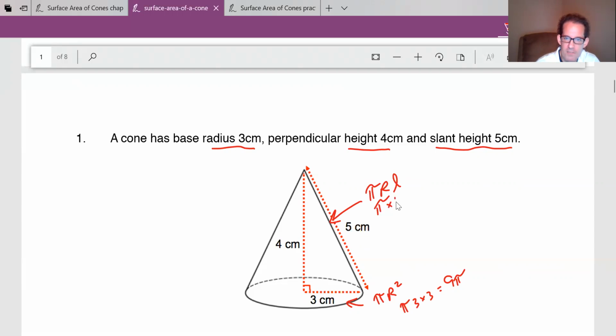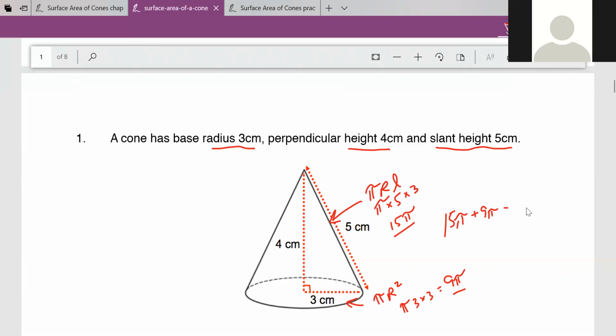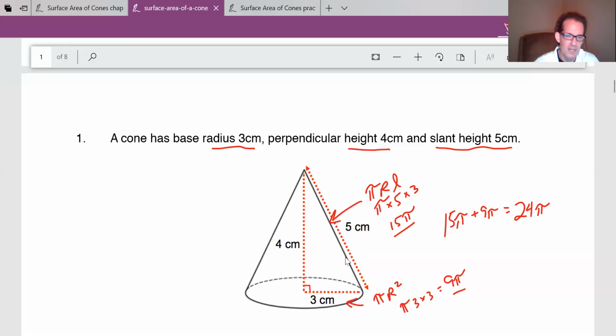Pi times 5 times 3, or simply 15 pi. So I'm going to add, these are like terms because they're both being multiplied by pi. 15 pi plus 9 pi is going to equal 24 pi. Then I simply go to my calculator and I simplify that by 24 times 3.14 for a surface area of 75.36.